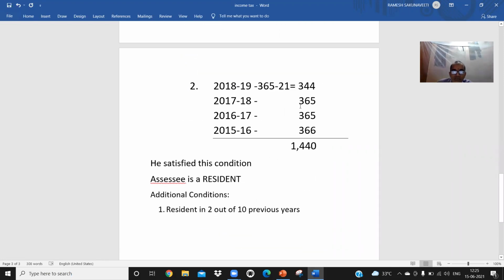Now you can see we have already calculated that during the last 4 years prior to the previous year, he stayed 1,440 days in our country. So this first additional condition is satisfied.